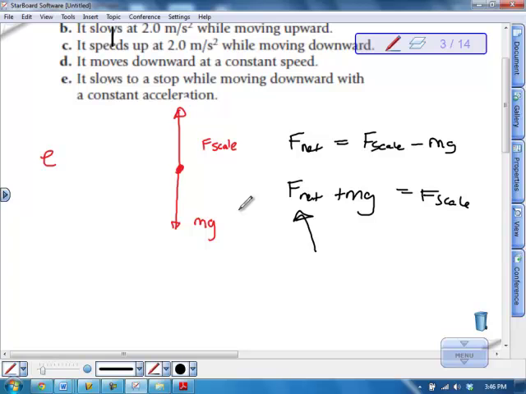So it's mass times whatever the acceleration is, which we don't know. They say constant acceleration, so net force is mass times acceleration. So there would be my answer. You can factor out an m if you want: m times acceleration plus g equals the force in the scale. So that would be our answer for part E.